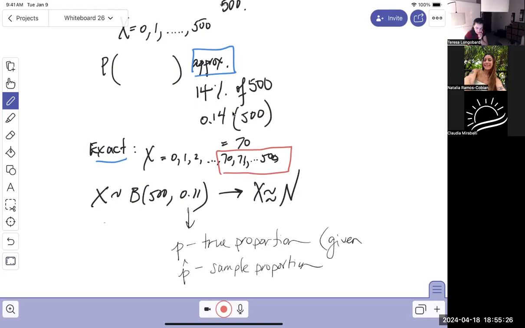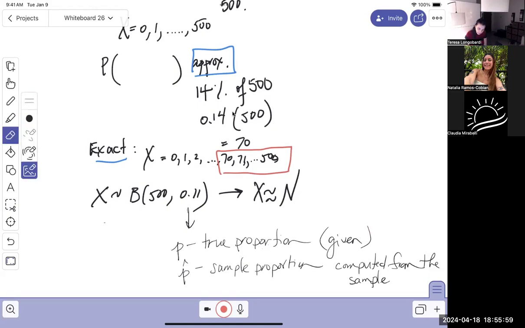The P is given to you. You're told by God or by a previous set of studies what P is. The sample proportion is computed from the sample. This is a given parameter.